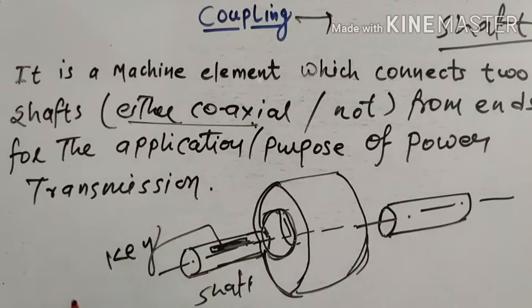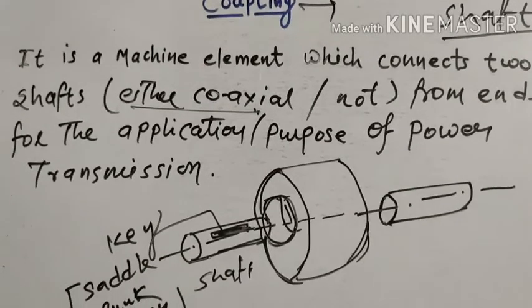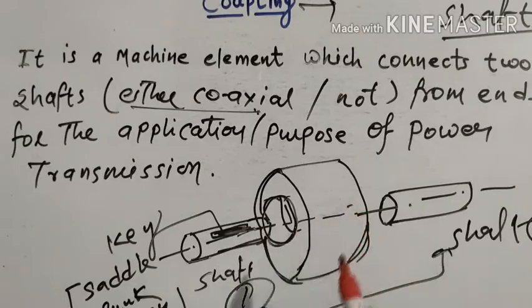The key is of any type, like saddle key, sunk key, etc. We discussed this in the previous video, so you can learn about keys from there. I provide the link for the key in the description. So this is your shaft number 1, this is your shaft number 2, and if we need to join them along the same line, we have a certain kind of coupling.